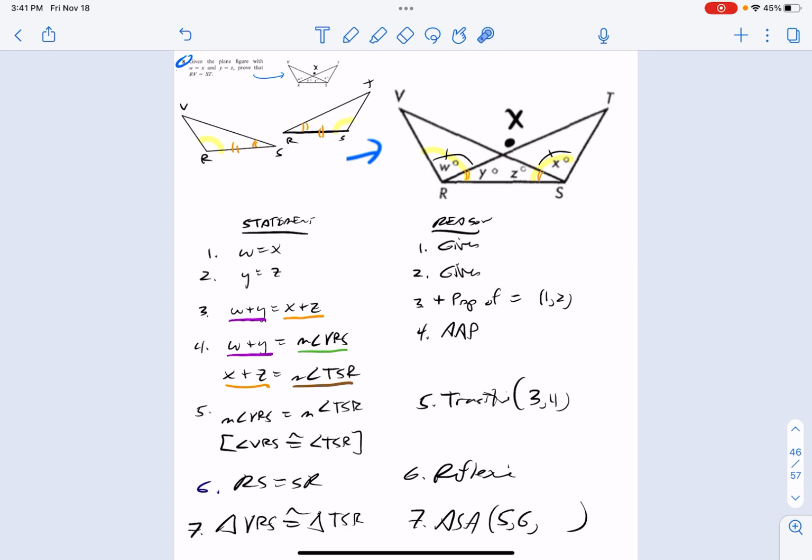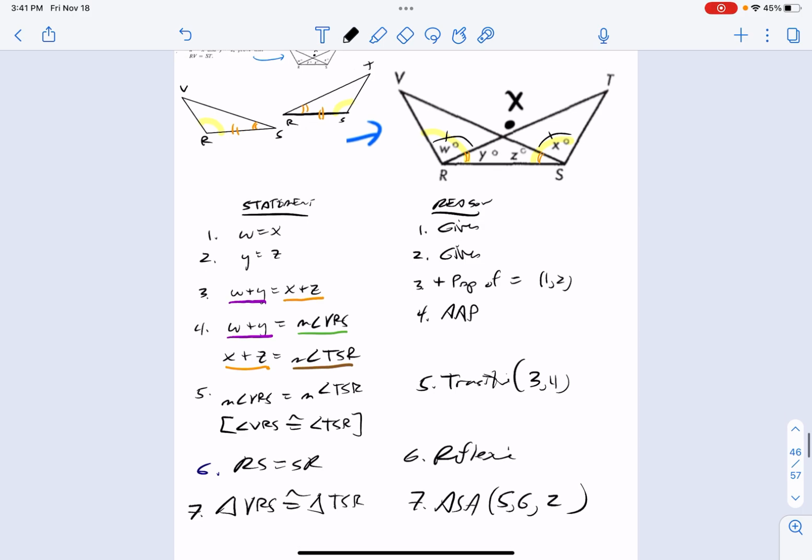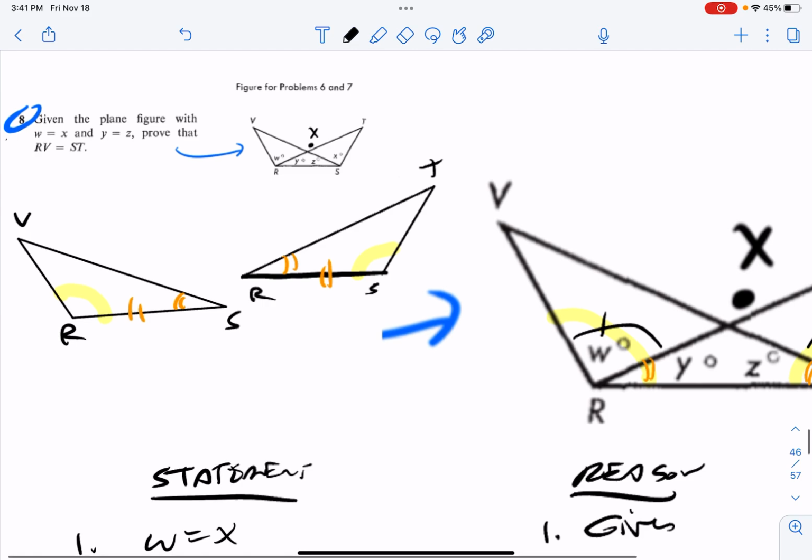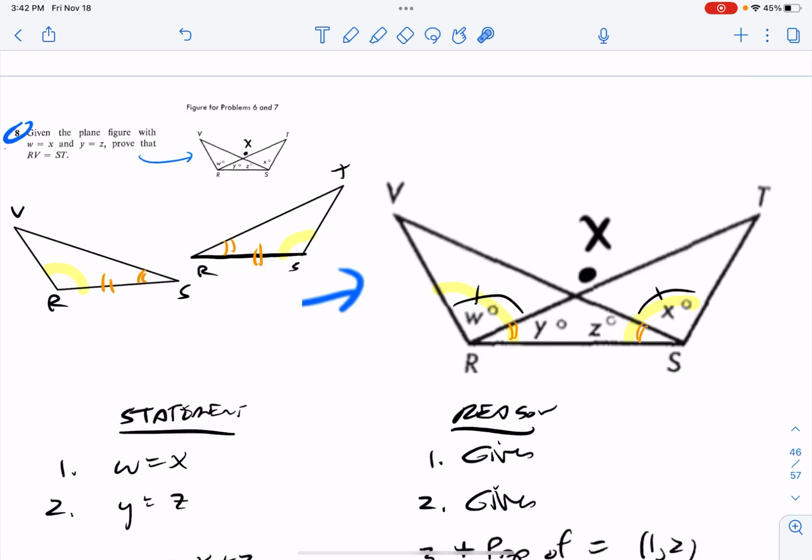And where did I say that the angle here at S matches the angle here at R? Right, that's Y and Z in the original. That's number 2. So finally, what were we trying to prove here? We were trying to prove that RV equals ST. Once I know that these triangles are congruent, that's CPCTC.